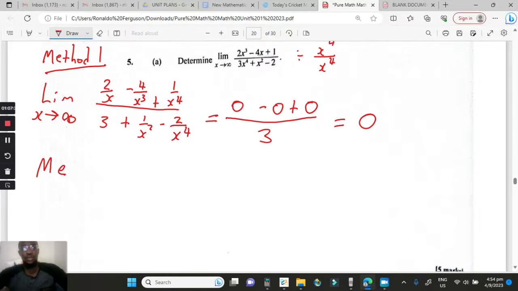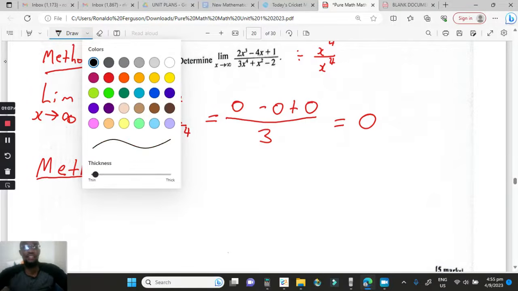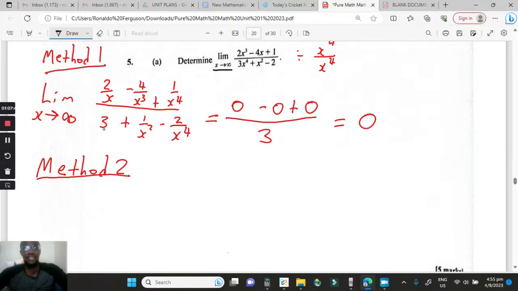Now method 2, what you do for method 2 is you can just try a value. Try a big value. Since it says x approaches infinity, you can try x equal 10 million. So we get 2x cubed minus 4x plus 1.